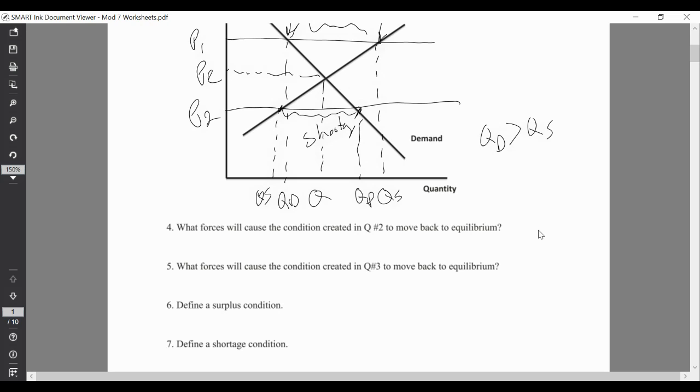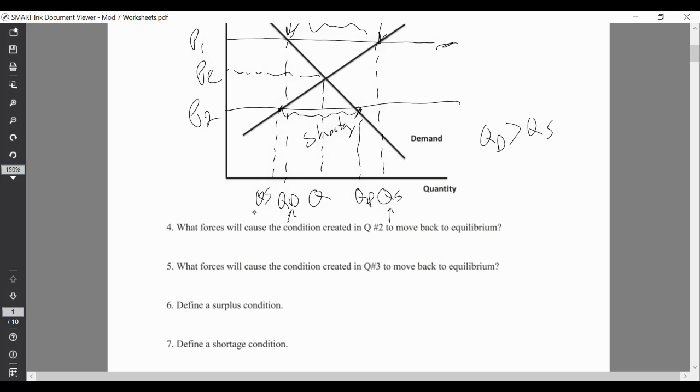So it says, what forces will cause the conditions created in quantity 2 to move back to equilibrium, all right? So if we think about quantity 2, I believe we're talking about the quantity when I drew it up here. So this would be quantity 2, and this one would be quantity 2, right?